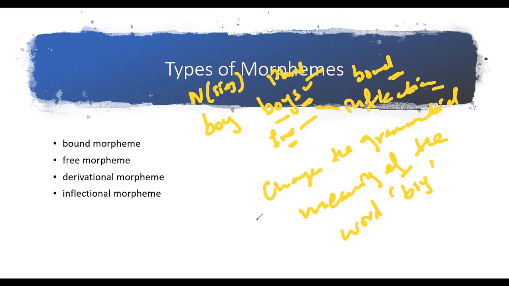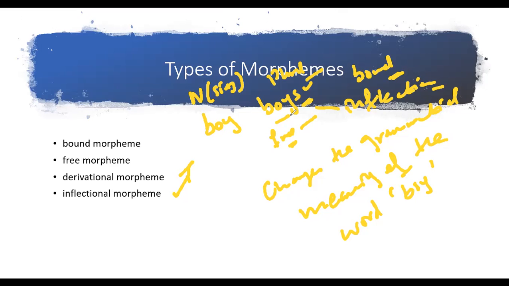So any addition of a morph which indicates a change in the grammatical meaning is basically inflectional. That is called an inflectional morpheme.